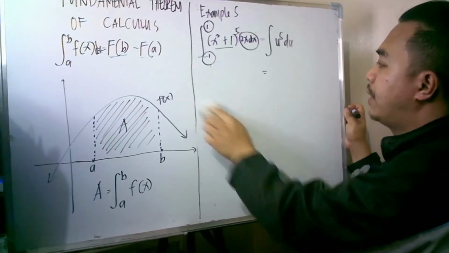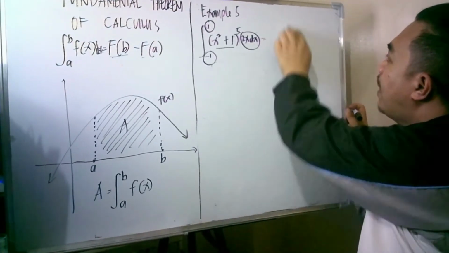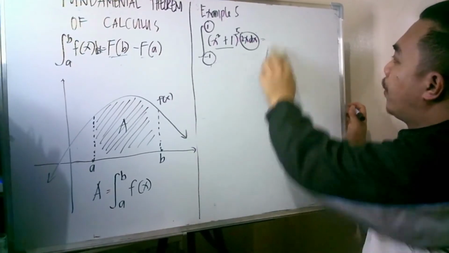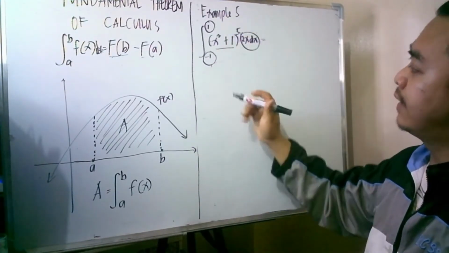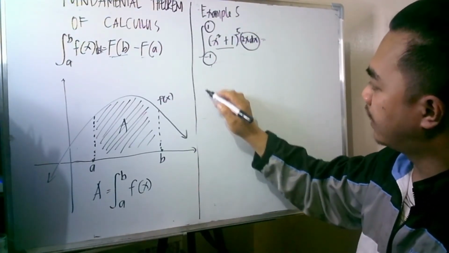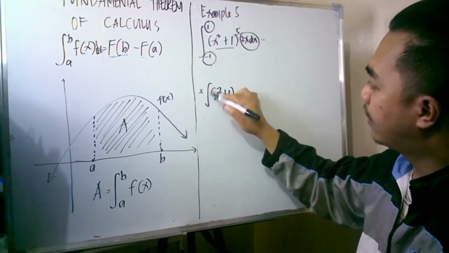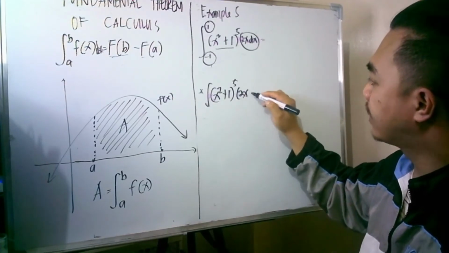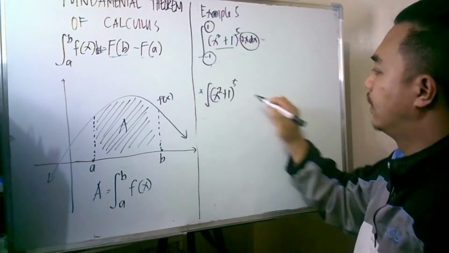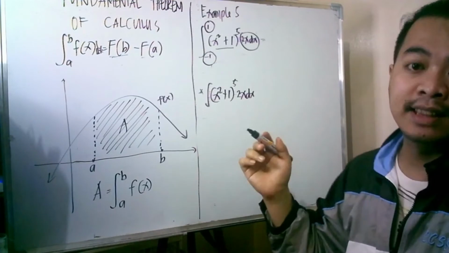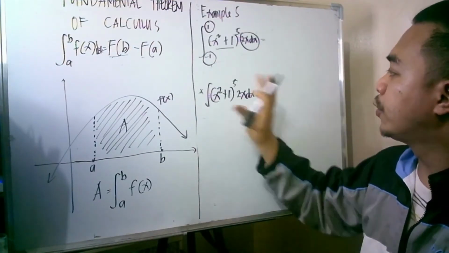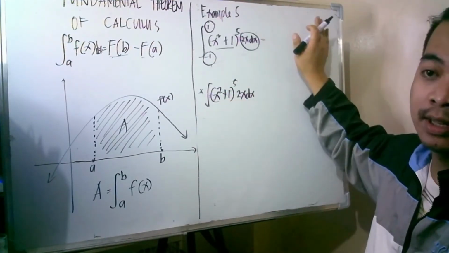So, ganito na lang ang presentation natin. Before we are able to compute for this, dapat alam natin yung value ng integral of x squared plus 1 raised to 5 times 2x dx. So, indefinite integral muna tayo. Gusto nating malaman yung sagot nito para diretso na tayo dito later.